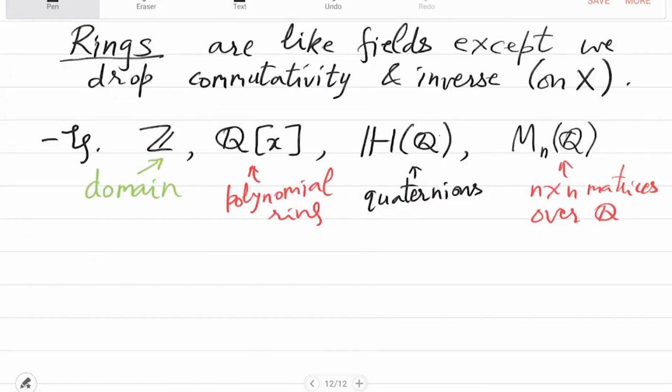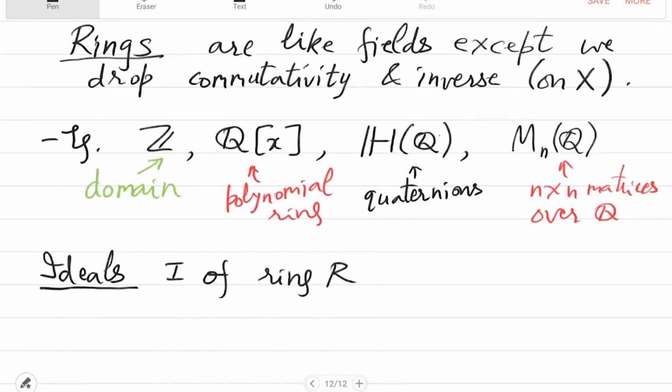And yeah, so rings have ideals. So an ideal I of a ring R is a subring. It's a subset which has full ring structure inherited from R, but it doesn't have one.